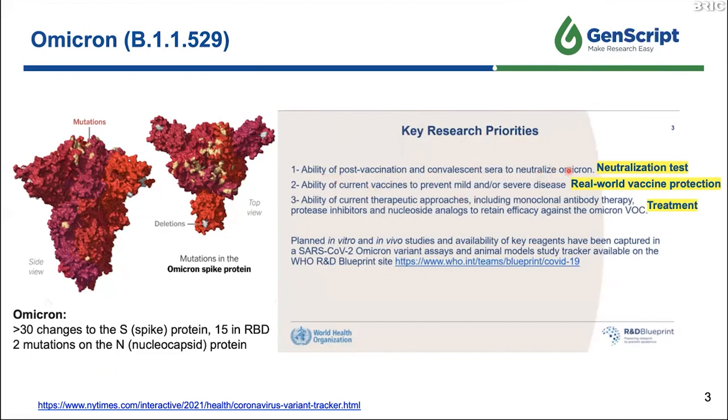This can be done by neutralization tests. The second priority is to evaluate the ability of current vaccines to prevent mild or severe disease. This can be shown by real-world vaccination protection. And lastly, is evaluating whether the current treatments for COVID-19 are still effective.